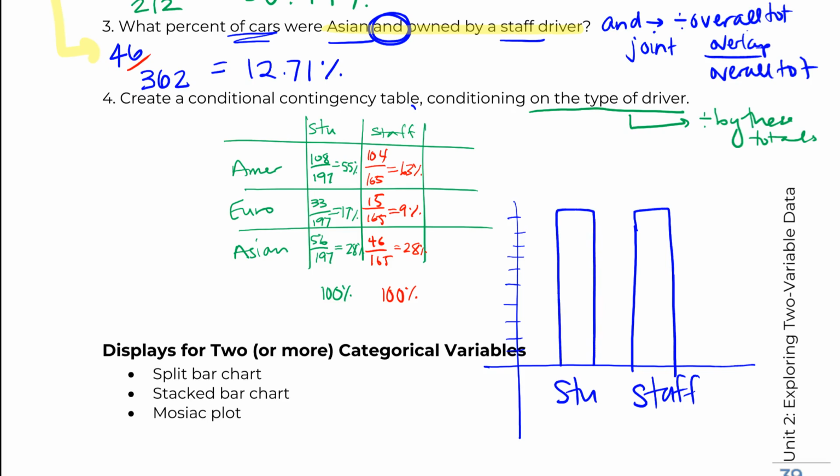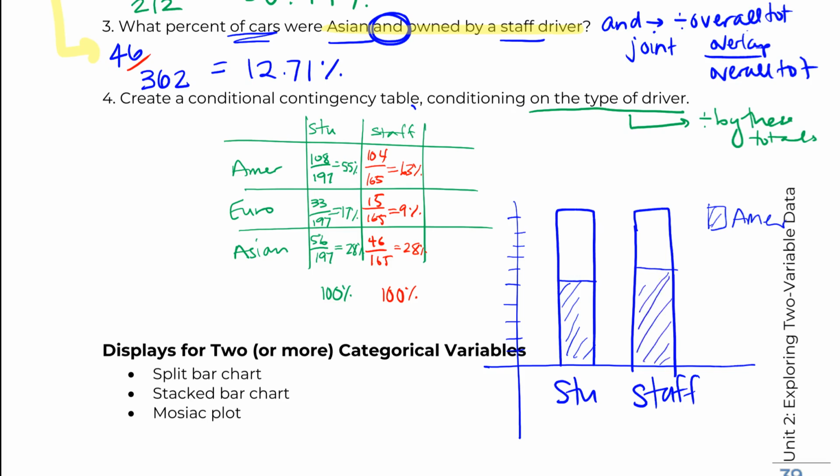So now a stacked bar chart. Each of these will be 100 because in this stacked bar chart we have conditioned, and that's usually how they will do it on the AP if they give this to you. And we know 55% of this for the students is American. And we'd make a little legend. 63% of the staff, that's a little bit higher, is American.